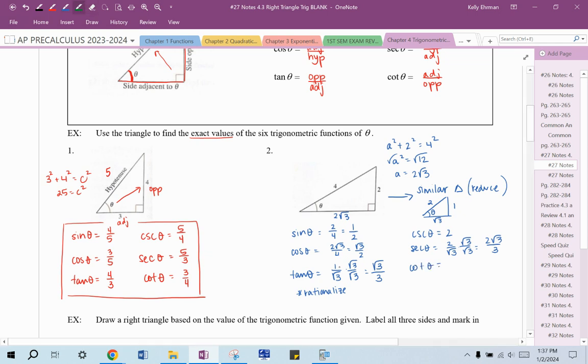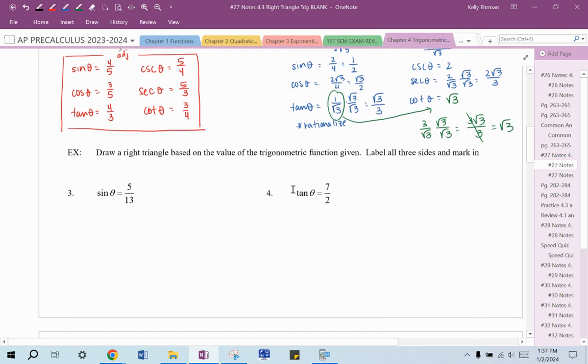Go off of this original before you rationalized and flip that so it's simplified right away. Otherwise, the long way is to say, okay, it's 3 over radical 3, and then I got to rationalize, and then I get this, and then I get that. You get to the same answer, but instead of doing it in one step, it took me like 2 or 3.